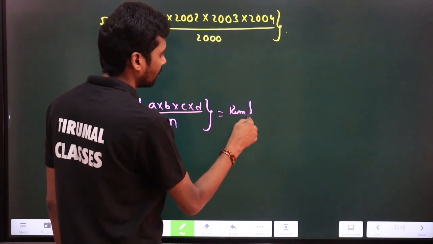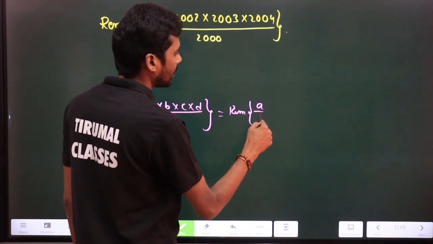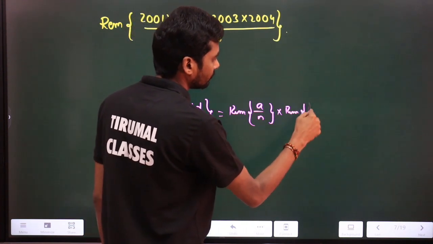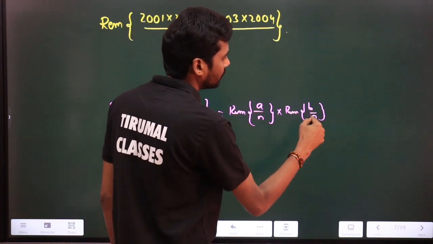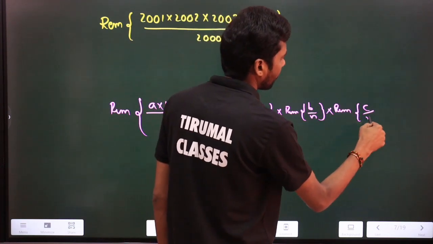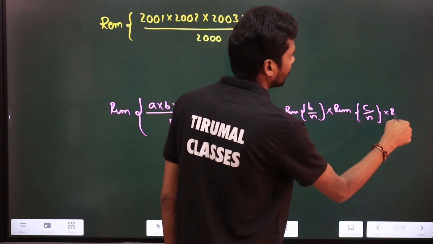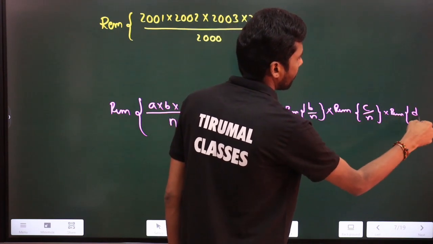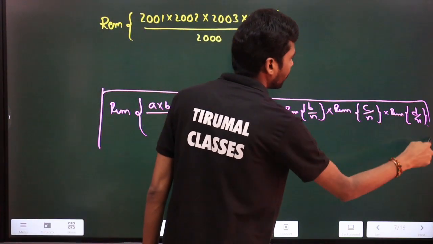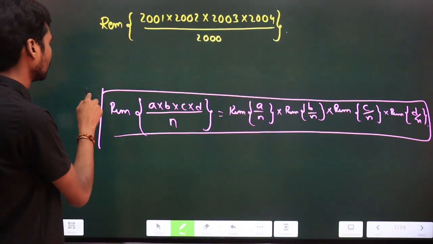The property is that we can split it as remainder of A by n into remainder of B by n into remainder of C by n into remainder of D by n. This is another important property we have in remainders.